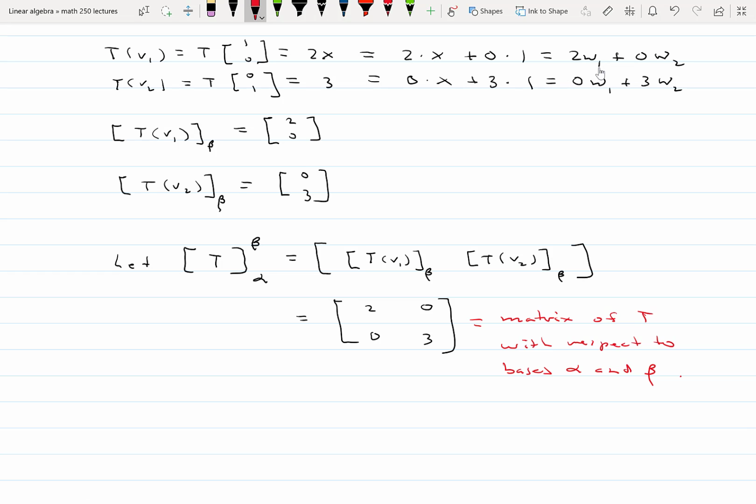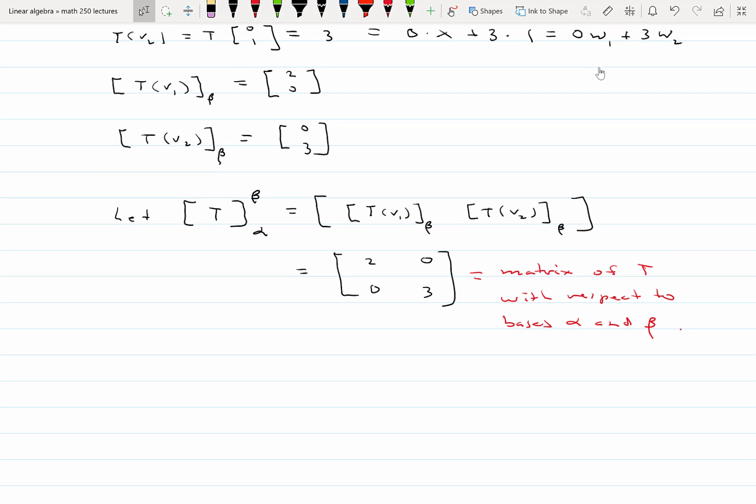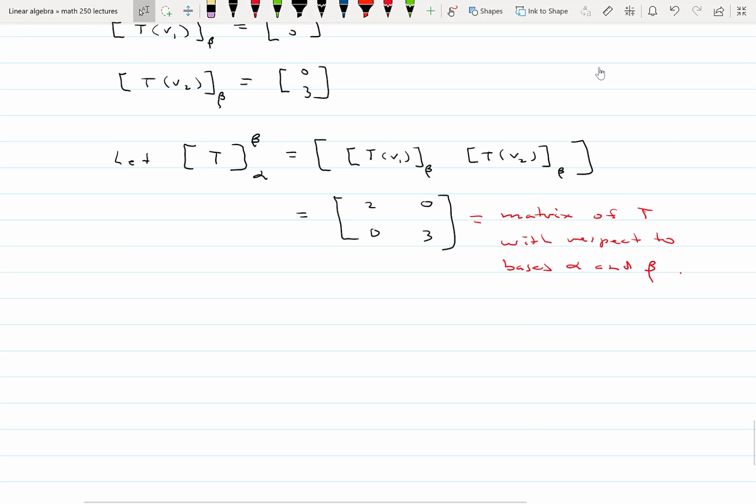So what does this bizarre new matrix do? What does the matrix of T with respect to bases alpha and beta do? Well, let's cut to the chase here. You're going to see the main reason for this section right now. The section goes on and on, but you'll see the main reason right now. Now, let V equal (x1, x2), just a typical vector in R2.